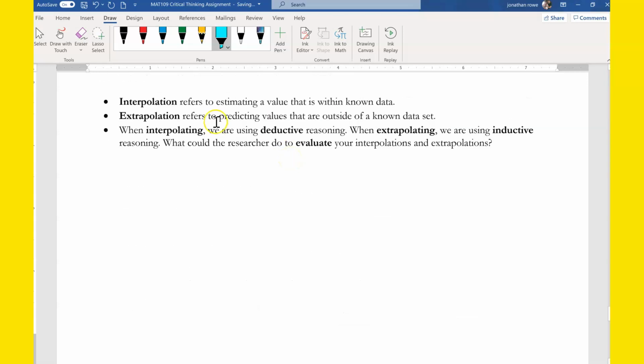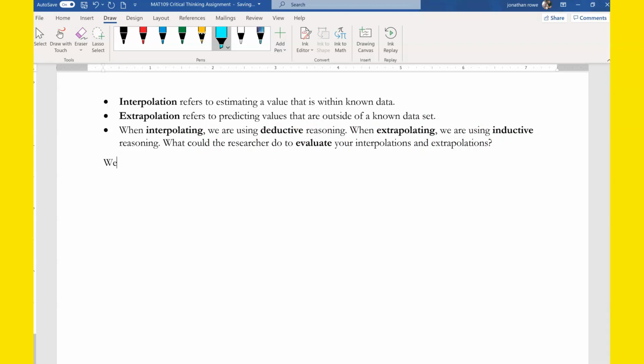All right, interpolation refers to estimating a value that is within known data. Extrapolation refers to predicting values that are outside of a known data set. When interpolating, we are using deductive reasoning, and when extrapolating, we are using inductive reasoning. What could the researcher do to evaluate your interpolations and extrapolations?